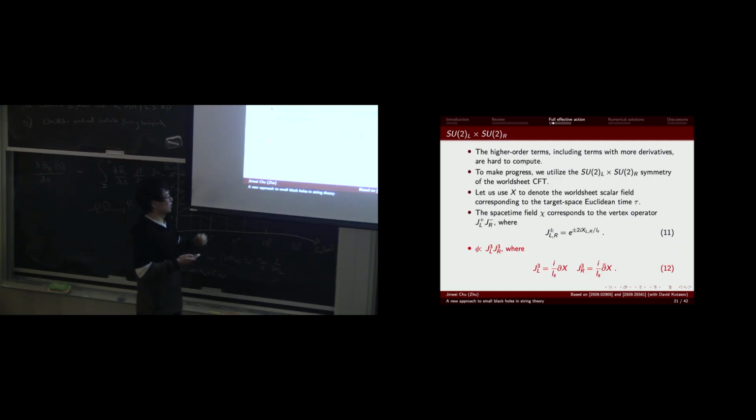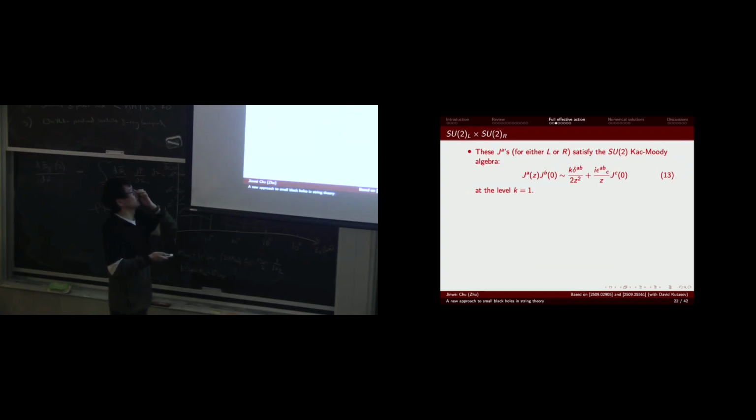For the field phi, previously we have seen that it controls the local circumference of the tau circle, so it's basically just g tau tau. So phi is the tau-tau part of the graviton, and the vertex operator is given by the graviton vertex operator, which is partial X and partial bar X. The point is that these J plus, J minus, and J3, or denoted together by J^a, satisfy the SU(2) current algebra for both left moving and right moving parts.